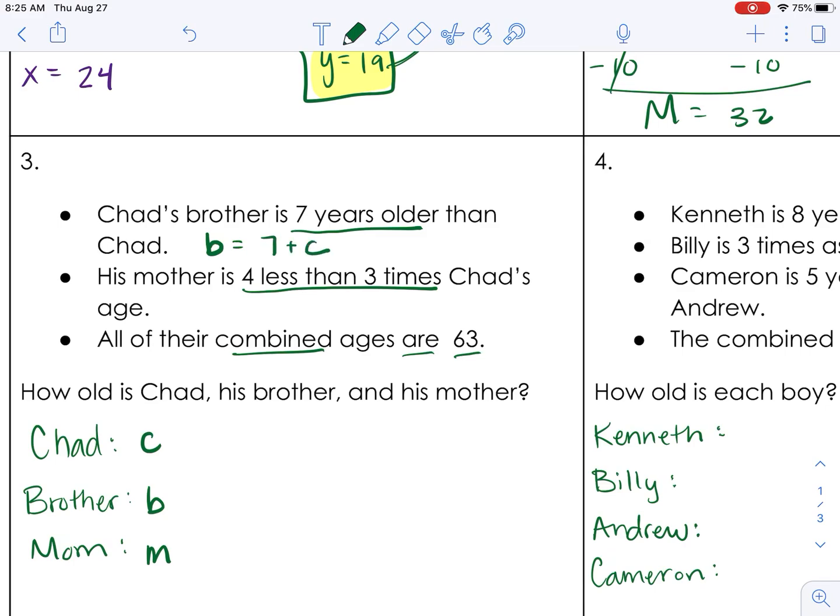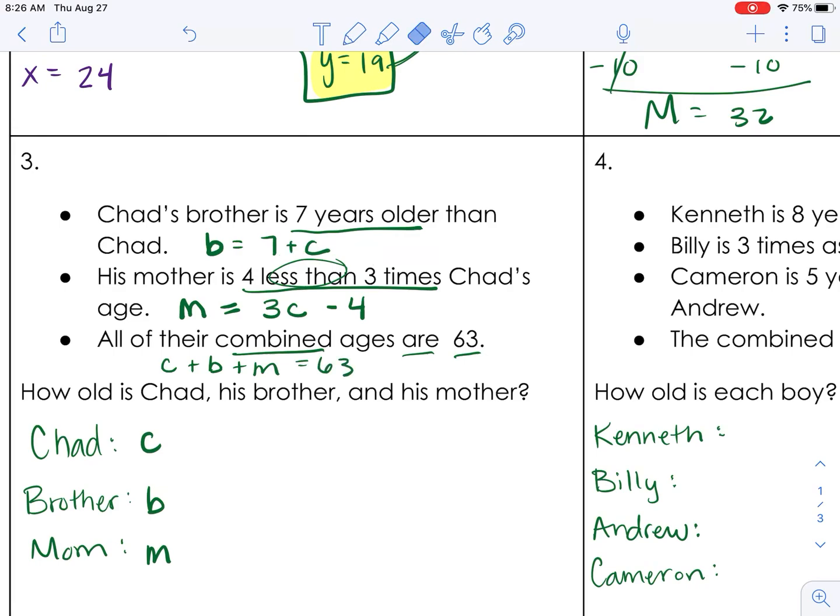His mother, so mother, is 4 less than, remember less than is a turnaround term, so we're going to say 3 times Chad's age minus 4. We had to turn that order around because less than is a turnaround. All of their combined ages are 63, so we've got C plus B plus M equals 63.